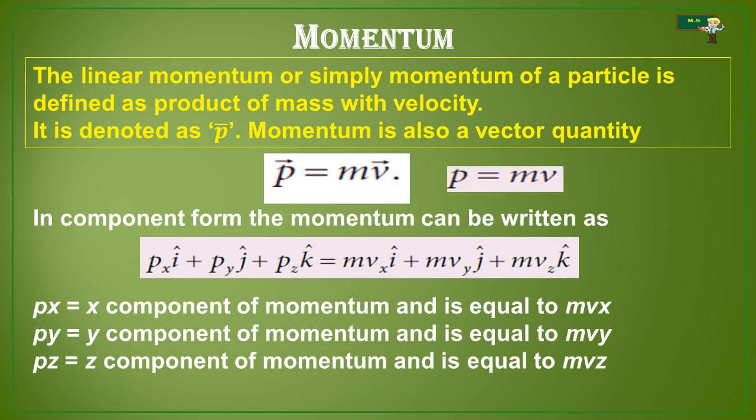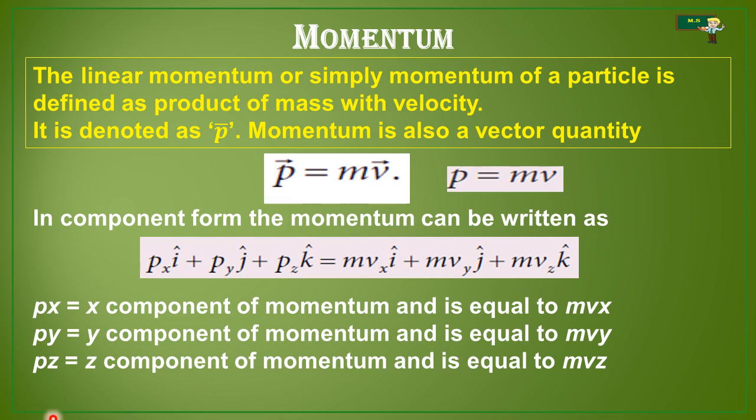The component form of the momentum can be written as px i cap + py j cap + pz k cap = m vx i cap + m vy j cap + m vz k cap. We put mv in place of p.